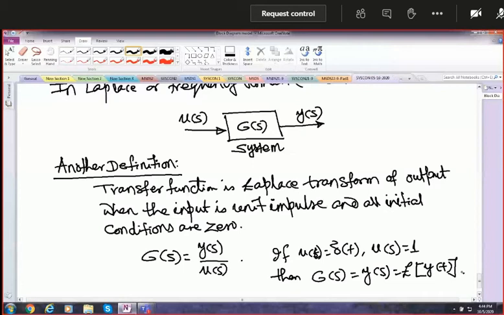They measure something from a sensor, take a Fourier transform of that, which is equivalent to Laplace transform, and from that they find the transfer function of the system. So you give unit impulse input, measure the output, take its Laplace transform, you get the transfer function. That is the definition derived from the main definition.